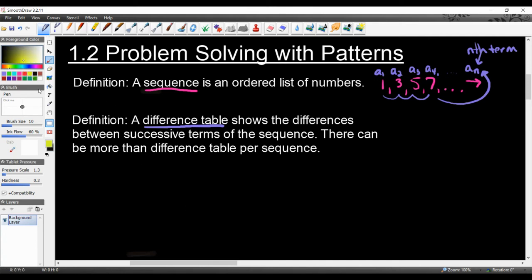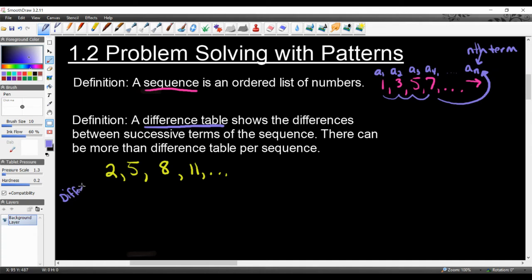We'll start with a simple one. Let's say we have a sequence of 2, 5, 8, 11, and so forth. For this one, our difference table is going to be right here.